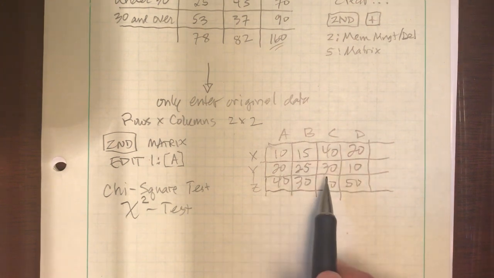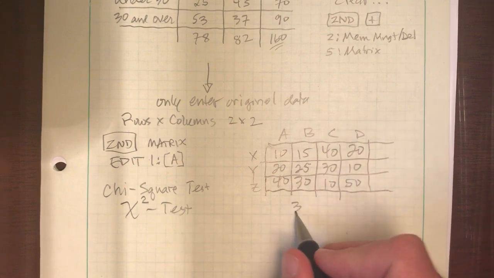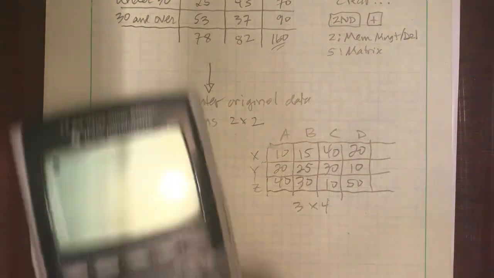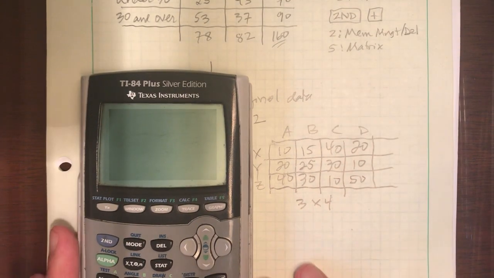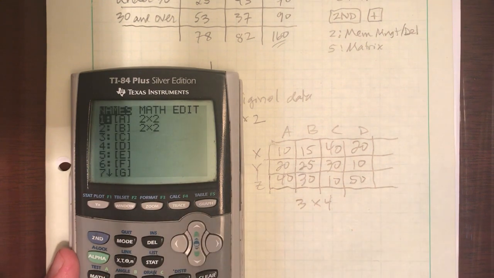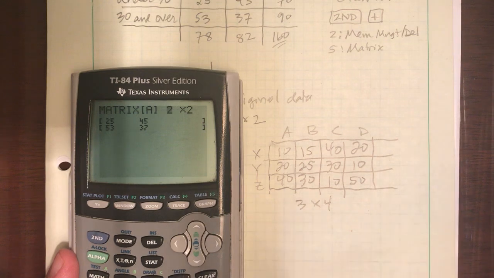First of all, what size matrix is this? How many rows? How many columns? This is a 3 by 4. There's no need to clear your matrices each time. You can just type over an old one. So I'm going to head to my matrix screen, Edit, Matrix A always. And again, the first thing we need to do is change the dimensions to 3 by 4.